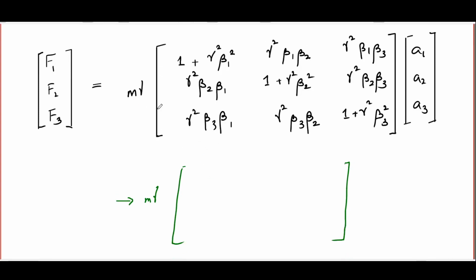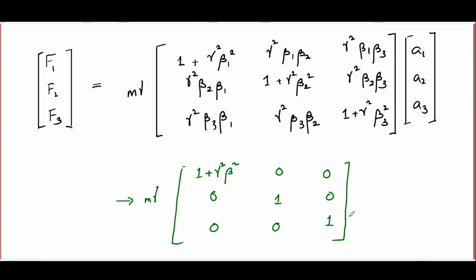M gamma, of course, is an overall factor, and then you will have 1 plus gamma square beta square sitting here. This would be 0, 0, 0, 0. And then you would have 2 1s.